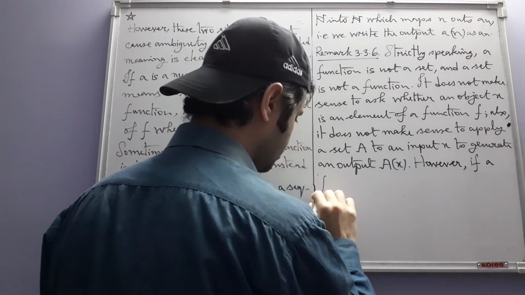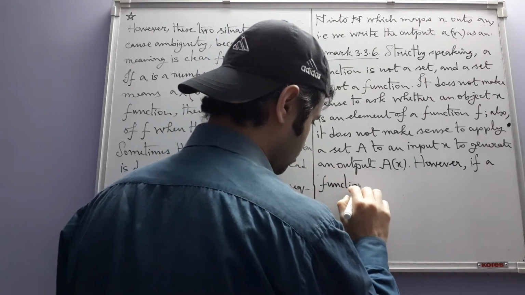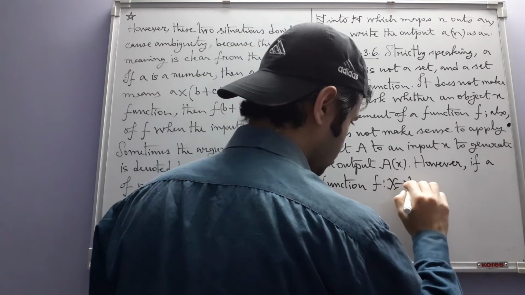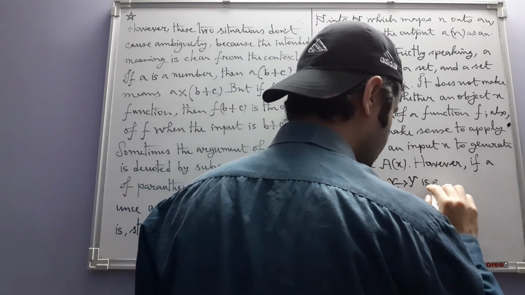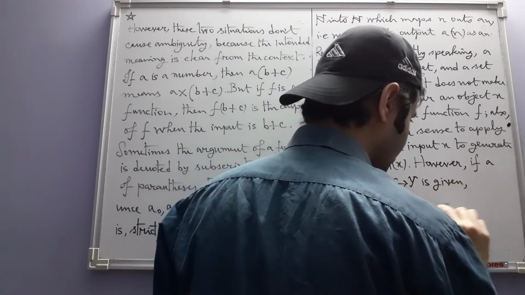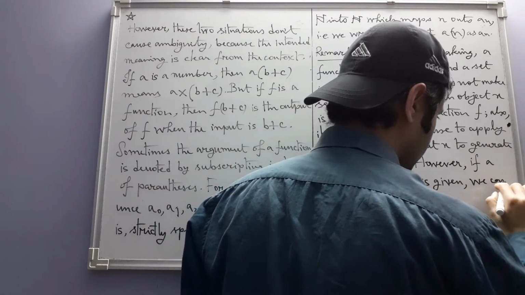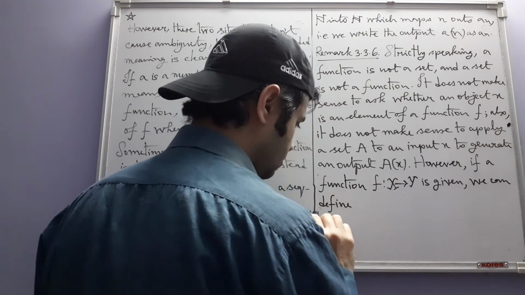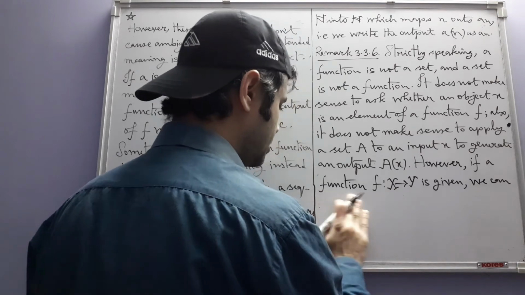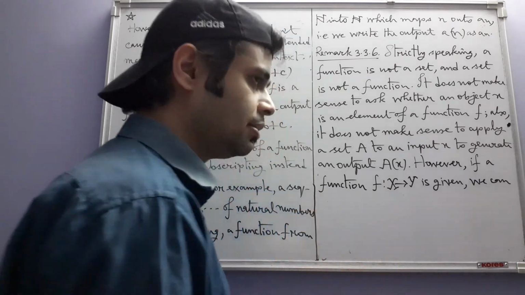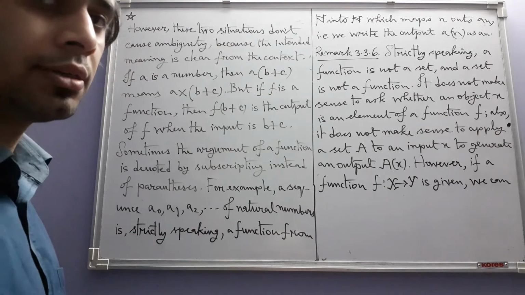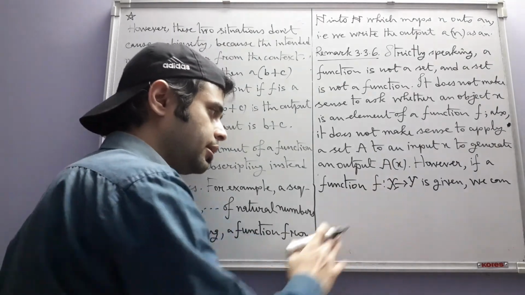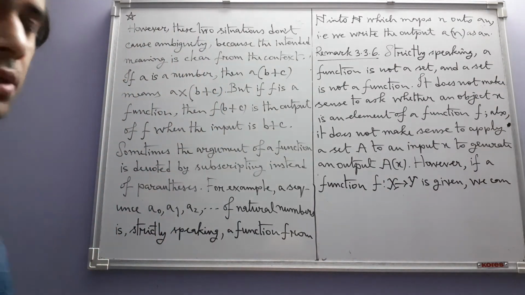If a function is given, we can define, or we will see the definition later on, although you may already know. You may know means you already know what a graph of a function is, at least in the case where the domain and range are both the set of real numbers.